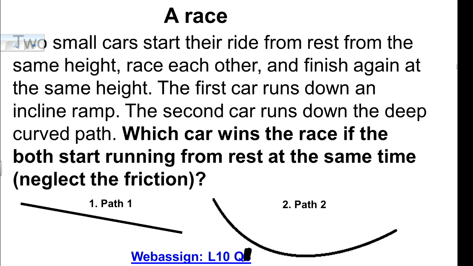So theoretically, we have three possible options. They reach the finish at the same time, or the green, the first one, wins, or the red, the second one, wins. And the question is, what do you think?